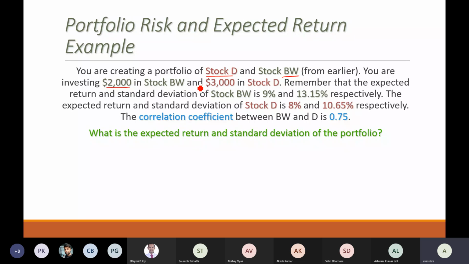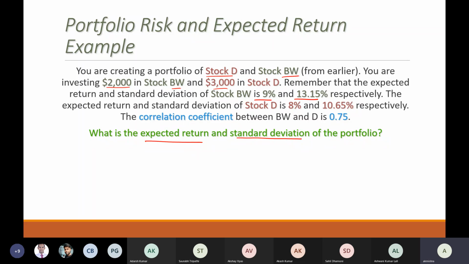You are investing $2,000 in BW and $3,000 in D, and the standard deviation of these two individual stocks, return and standard deviation are 9% and 13.15%, and for another stock it's this. So what would be the expected return and standard deviation of the portfolio?